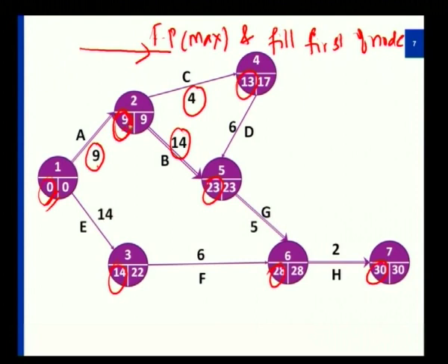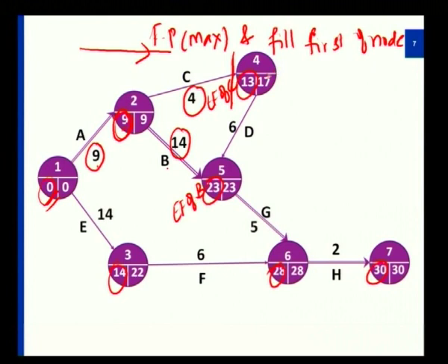If I start C at 9, then the end of C will be 9 plus 4, which is 13 weeks. And if at the same time I start B also at 9, B consumes 14 weeks, so 9 plus 14, which is 23 weeks. So this becomes the early finish of C, and this will be the early finish of B.